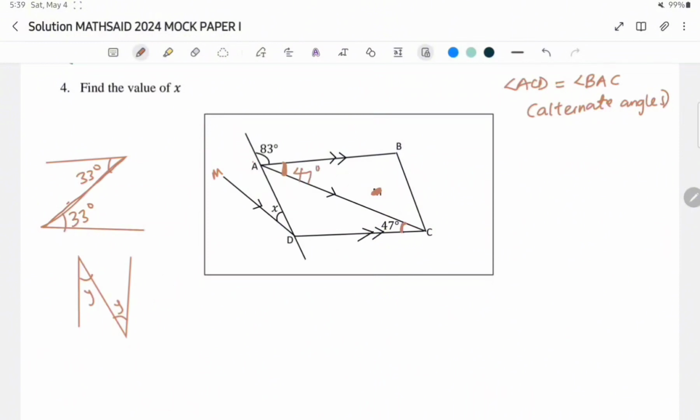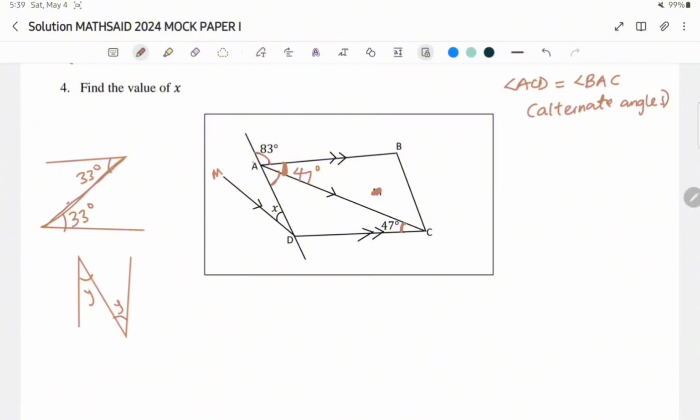Now, having noted that, you can see that this line AD is a straight line, right? So if we have 83 degrees here and 47 degrees here, the third angle here we can easily find because they are angles on a straight line, and the sum of angles on a straight line is 180 degrees.